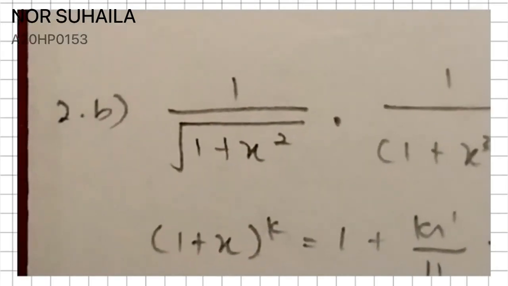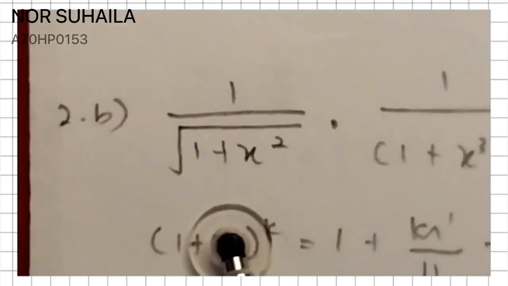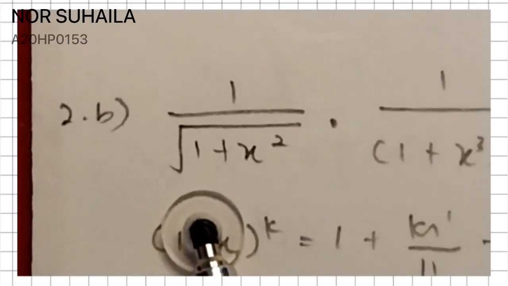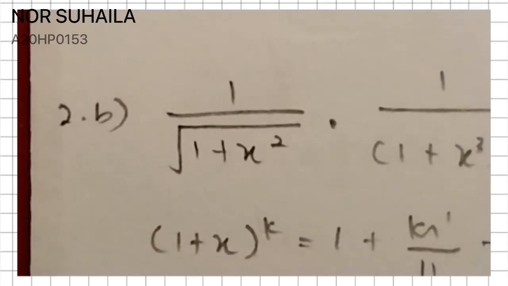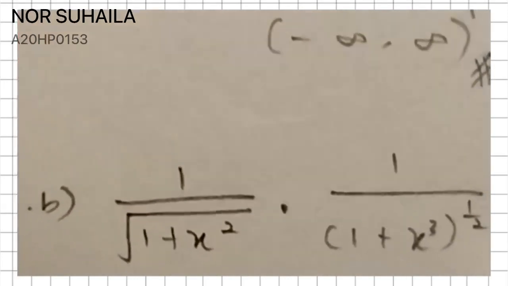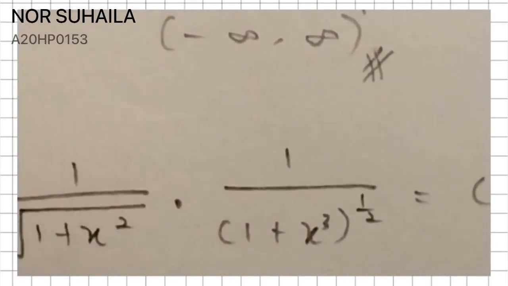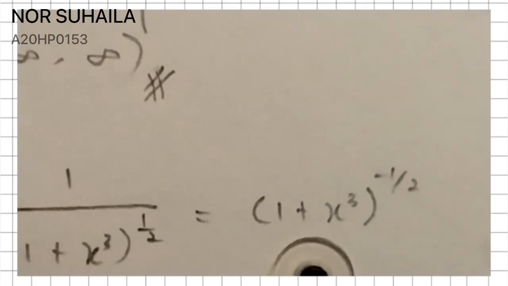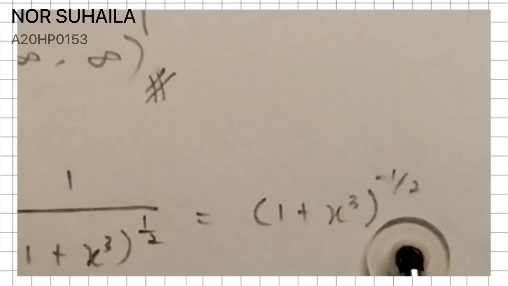The next question is to express 1 over the square root of (1 plus x^3) as a binomial series up to the term x^6. So we need to write it as (1 plus x^3) to the power of negative 1 over 2.